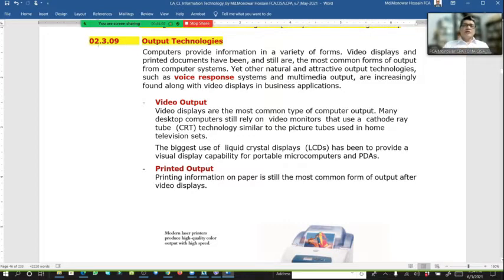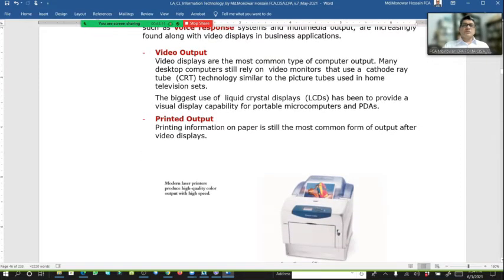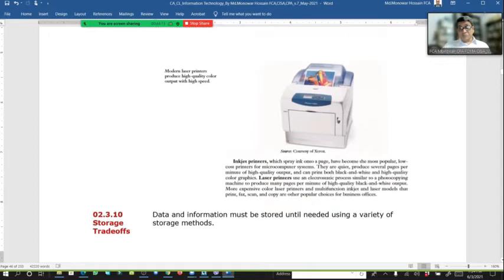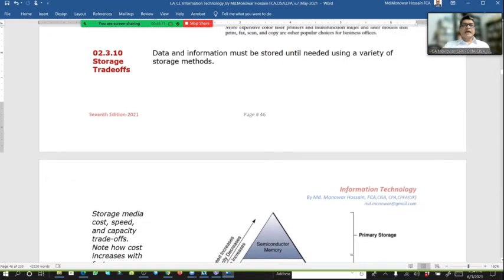Here is the video output, and printed output through the printer, and storage trade-off. Data and information must be stored until needed, using a variety of storage methods.